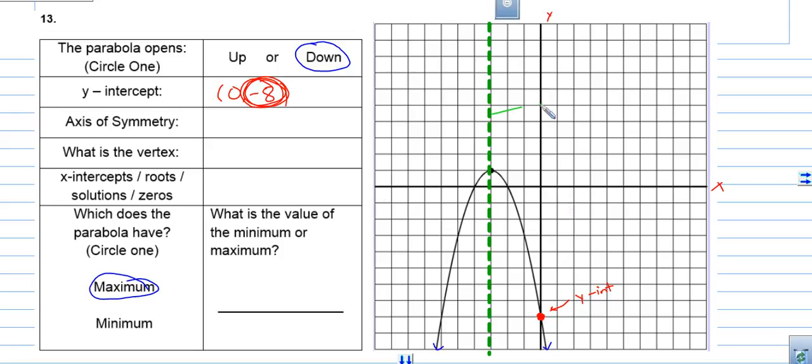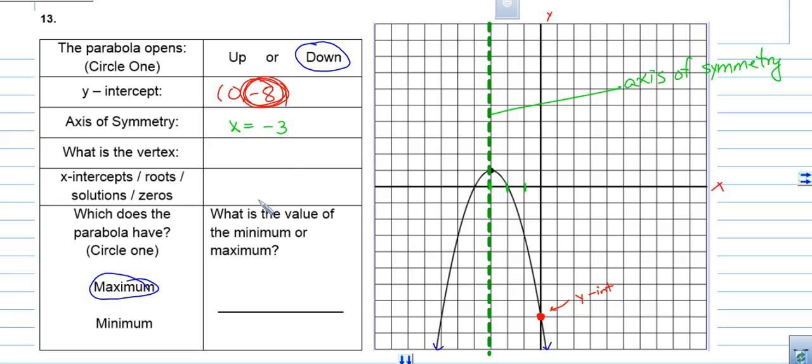So this is our axis of symmetry. Its equation, it's a vertical line. All vertical lines have the equation x equals. Okay? And x equals what? Well, that's -1, -2, -3. So it's x equals -3.